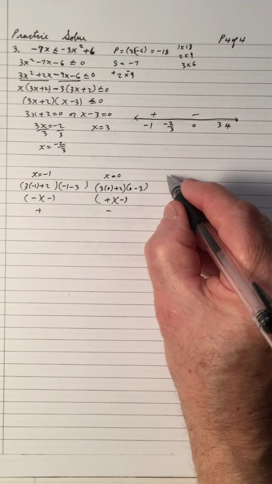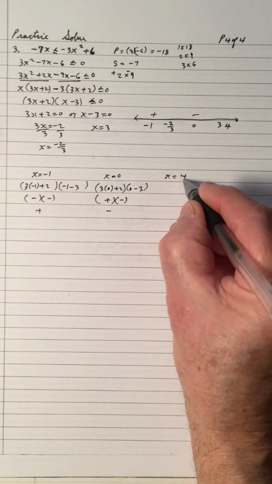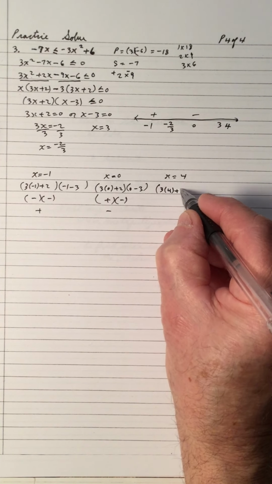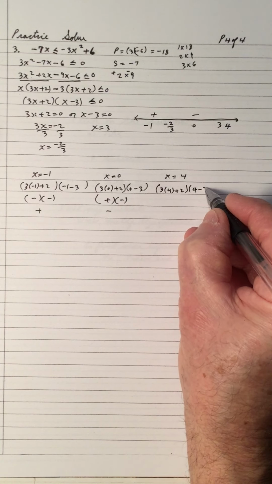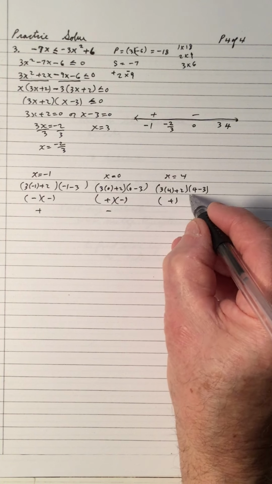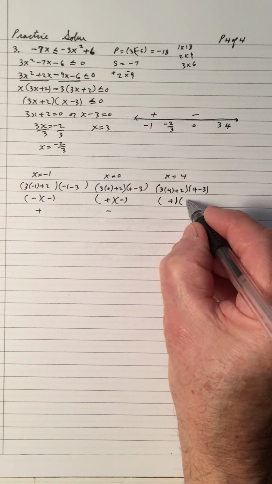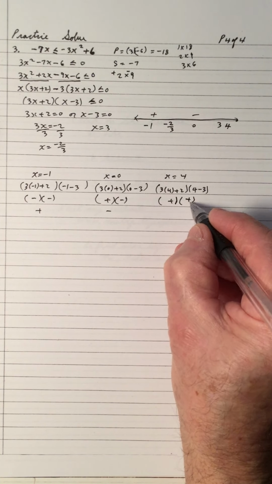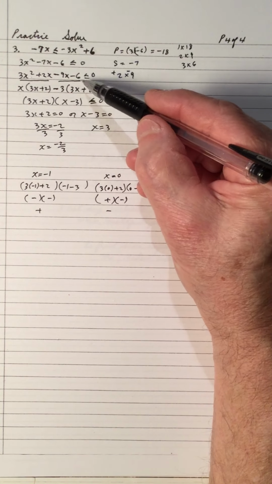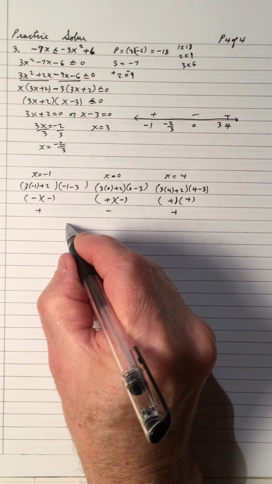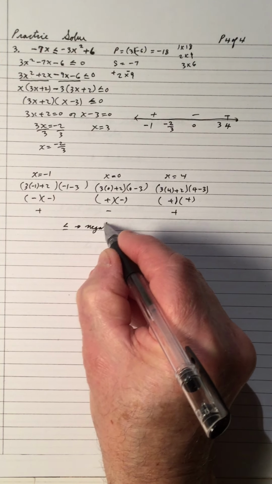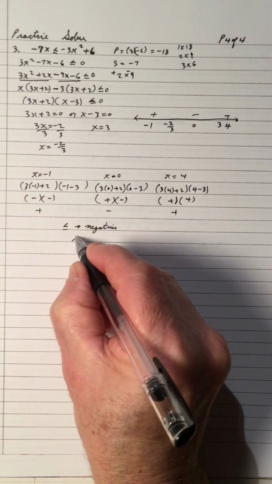So the 0 gives you negative. And x is 4: we put 3 times 4 plus 2, and 4 minus 3. 12 plus 2 is 14, which is positive. 4 minus 3 is 1, which is positive. So that's a positive. And again, the inequality is a less than. So less than or equal to is the negative, and the negative is between.